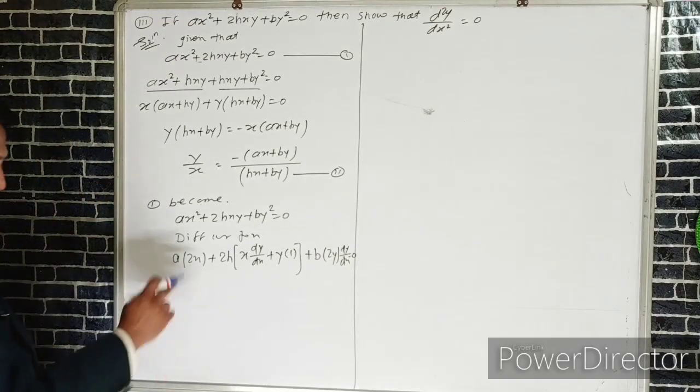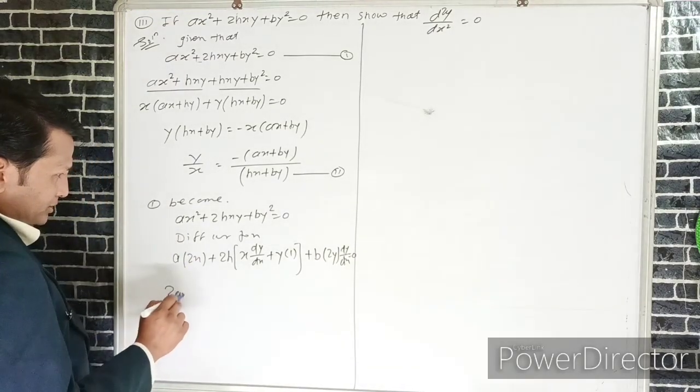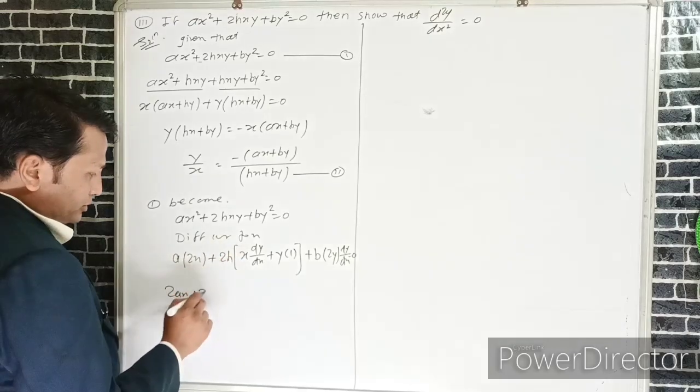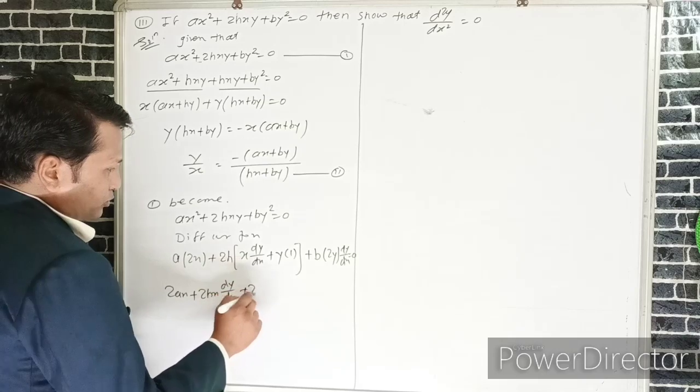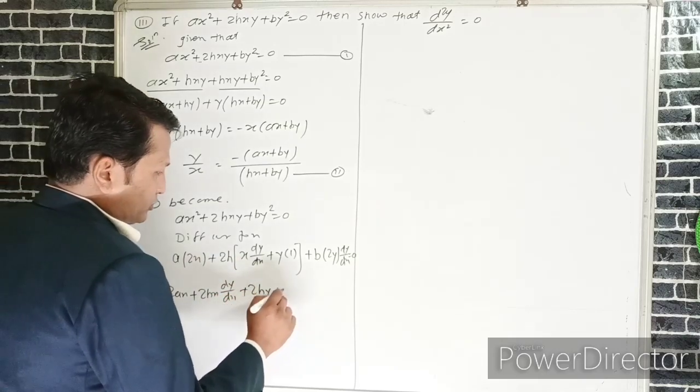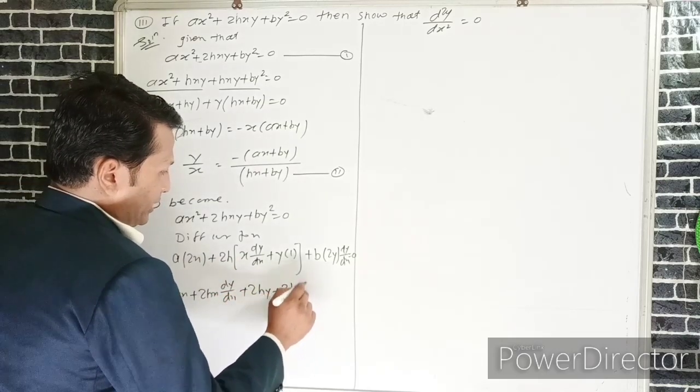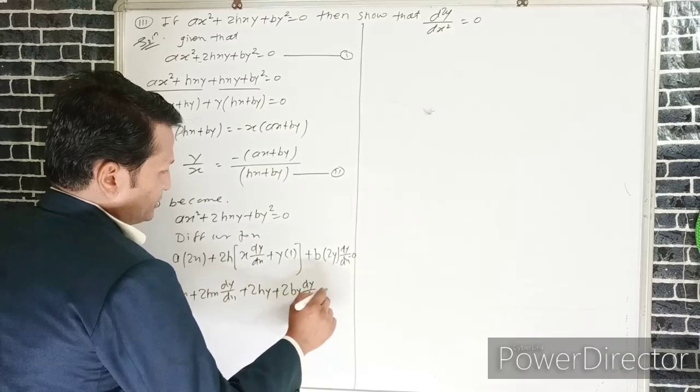Now a into 2x is twice ax, plus 2hx into dy by dx plus 2hy plus 2by into dy by dx equals 0.